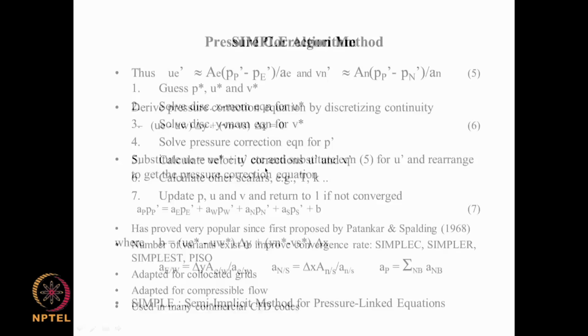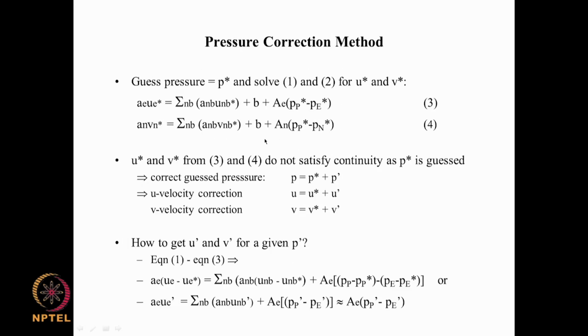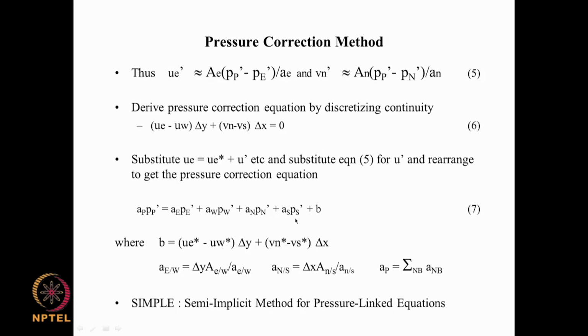Why we need to do this iteratively is because in the discretized equation we are making use of the old pressure field, and when we are solving the pressure correction equation we are making use of the new values of u star and v star, but these new values are obtained based on the assumed pressure field.